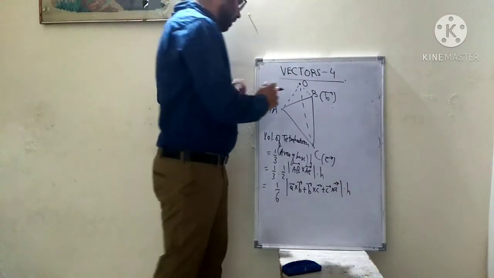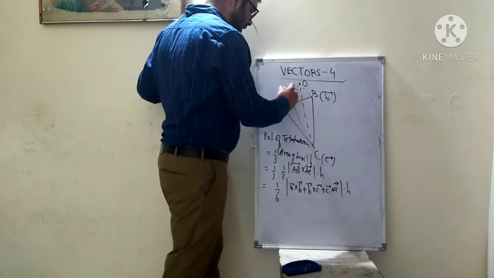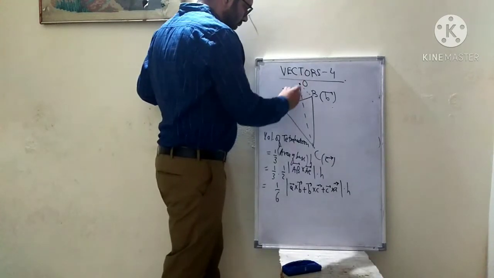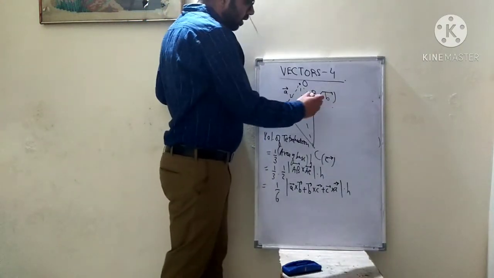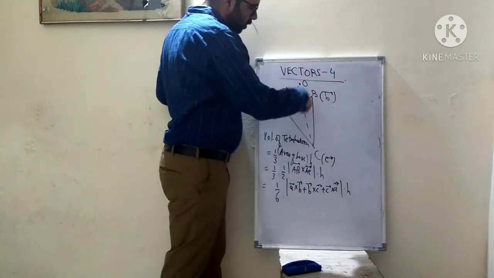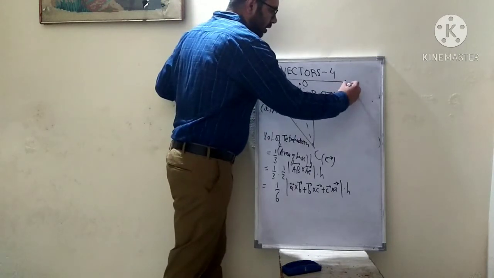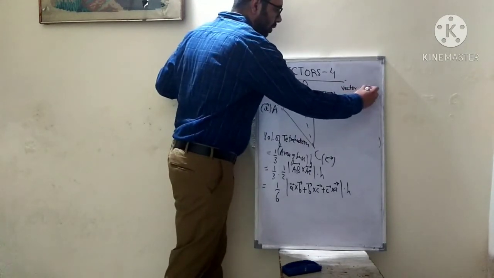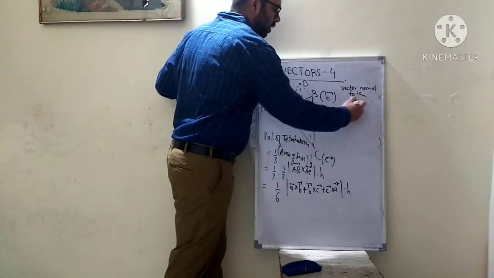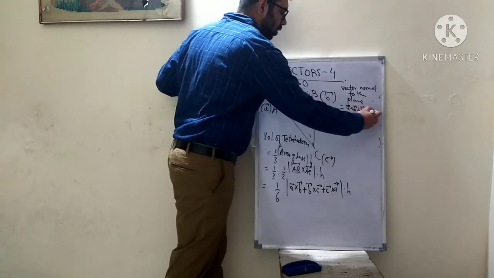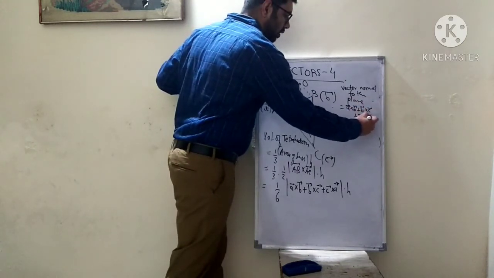Basically this vector is A vector, because this is the origin and the position vector of point A is A vector, and we know the vector normal to this plane is A cross B plus B cross C plus C cross A.